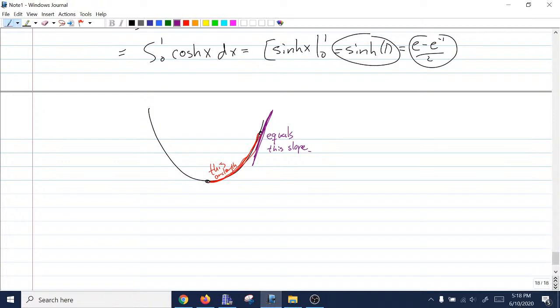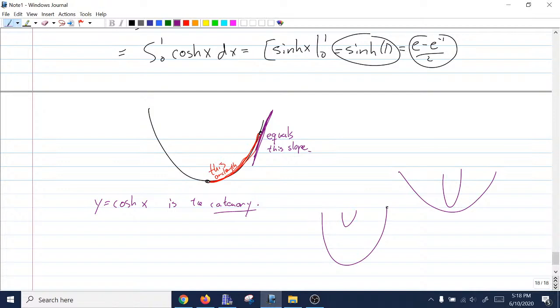This graph is called a catenary. A parabola is a thing that if you stretch it or squish it, those all count as parabolas. The catenary is a little bit more special, in that you're only allowed to zoom in and zoom out. If you stretch it horizontally, you also need to stretch it vertically for it to still count as a catenary.